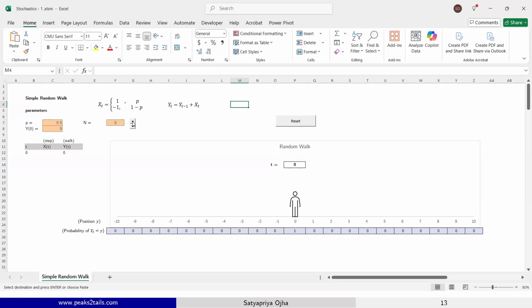So after time step 1, this is my distribution. It's a random realization. In future, I don't know. You could be here, you could be here, but with equal probabilities, 0.5, 0.5. You cannot be at 0. Position 0 has 0 probability. After one step, y cannot be 0.